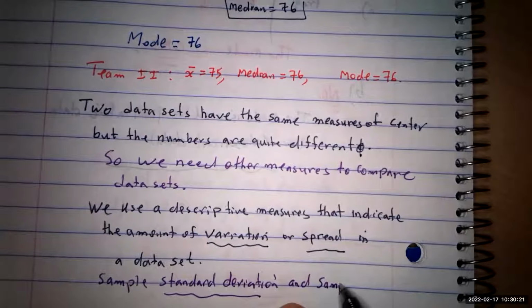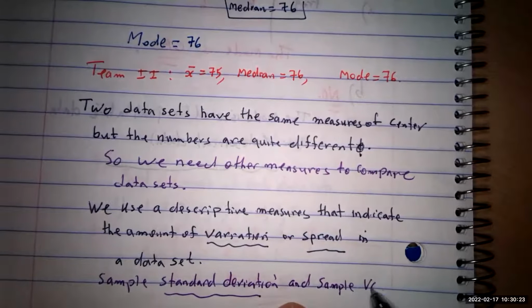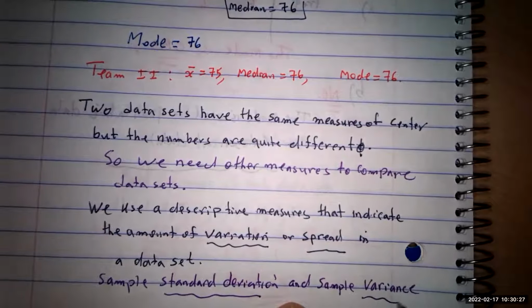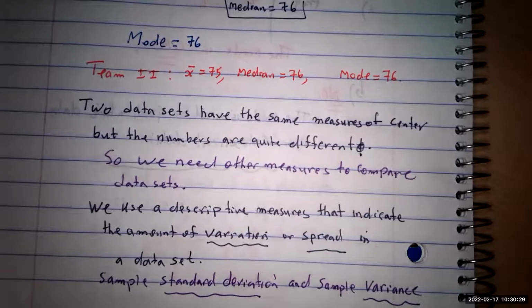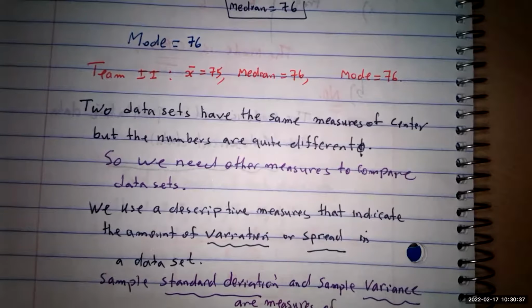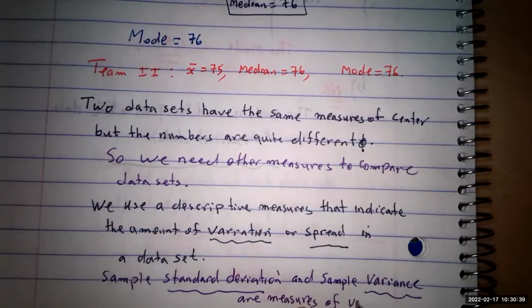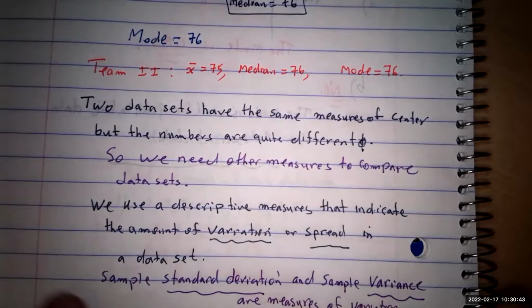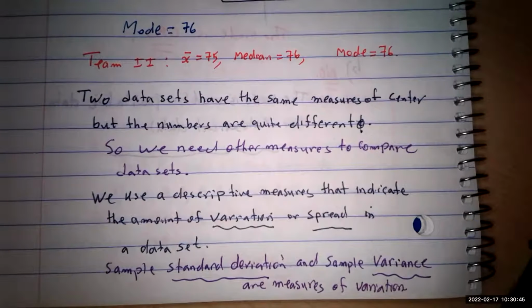Get to know the names. Standard deviation and variance are measures of variation. In your book, they talk about the range as well, but we are not going to do it. These two are the most commonly known ones.